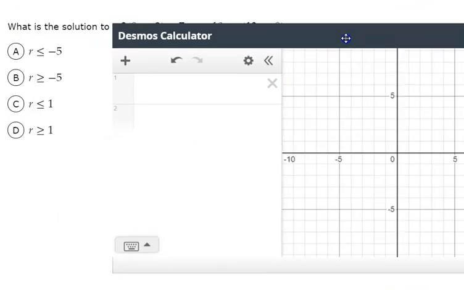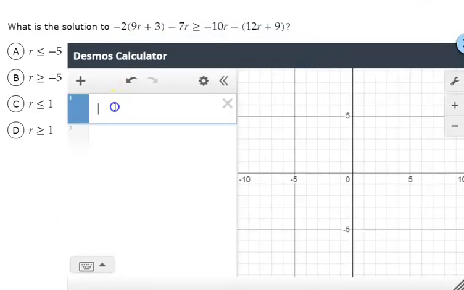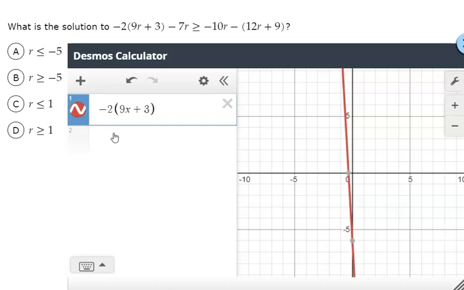Now, Desmos doesn't really understand that r is a variable, and in order for it to graph a function and evaluate it, we do need to type in an x instead of the r, and see it's going to put a line on the graph when you do that. So everywhere you see an r, don't type an r, just type an x instead.